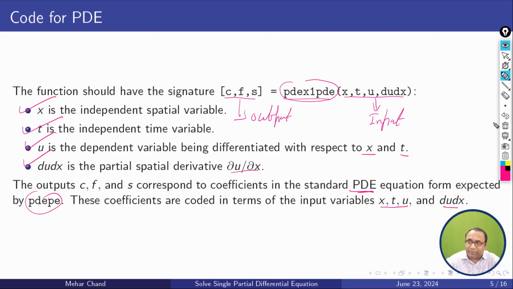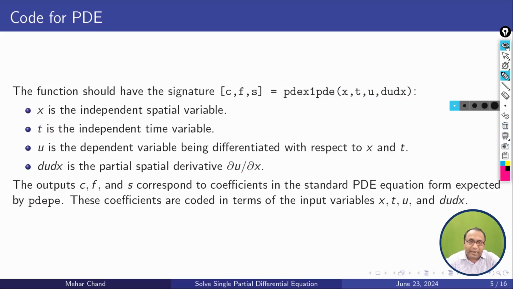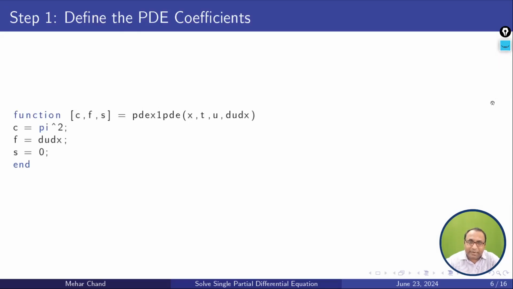So this is all about the signature for the partial differential equation, and following the same we will write the MATLAB code. Here you can see the MATLAB code which will be used for the PDE. This is the signature as we discussed just now: c, f, s equals pdex1pde of x, t, u, du dx, and in MATLAB we start with function.